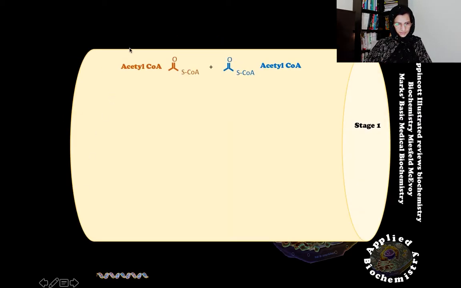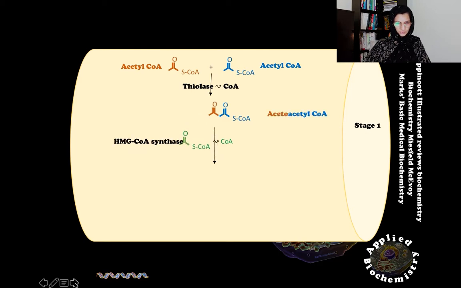So let's dissect the stages one by one. You can see that there are 2 molecules of acetyl CoA, and for clarity these are represented by 2 different colors so that you can appreciate their incorporation. In the presence of thiolase, these are converted to acetoacetyl CoA.